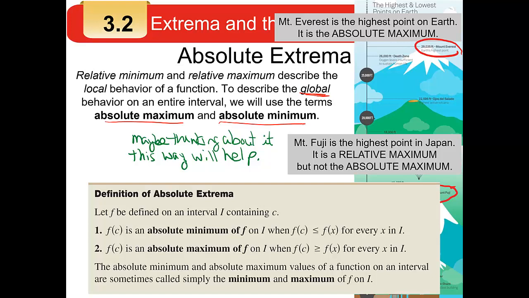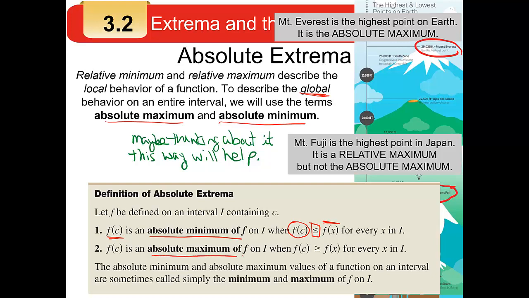Again, I'm going to put up this definition, but it's not something to be memorized. It's something mainly to be kept as a reference. All it's saying is that a function value is an absolute minimum if that function value is smaller than every other value on the whole interval that you're looking at, everywhere, not just locally.